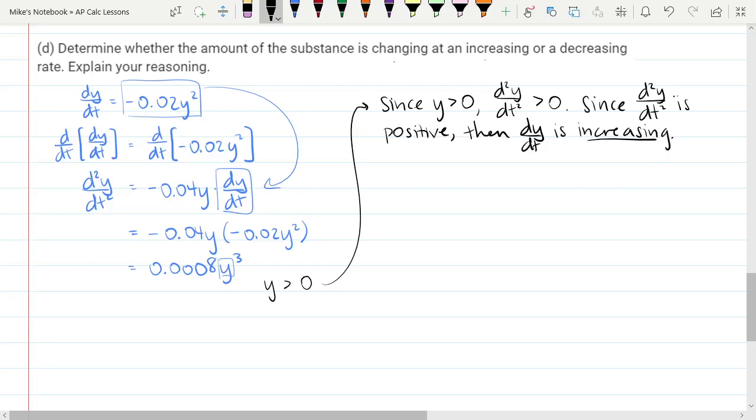Again, because the second derivative is just the first derivative of the derivative. And the first derivative, being positive or negative, tells you whether it's one level above function is increasing or decreasing.